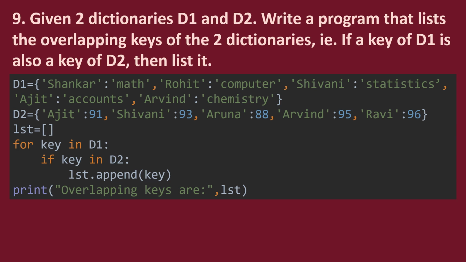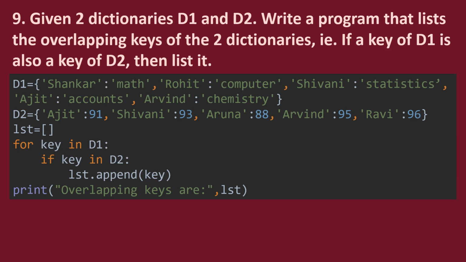Okay. Now we will see the overlapping keys. That means if there is any common key between these two dictionaries, that will be stored in a list, let's say LST. So we'll take a for loop, for key in D1, if key in D2, then append that key to the list.